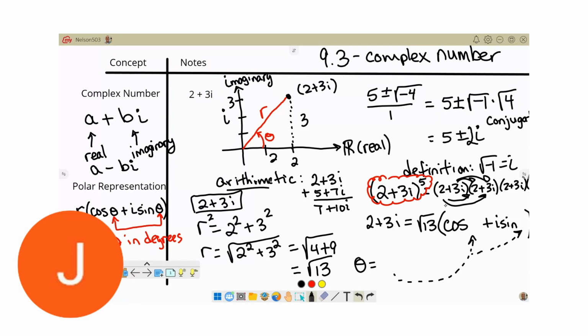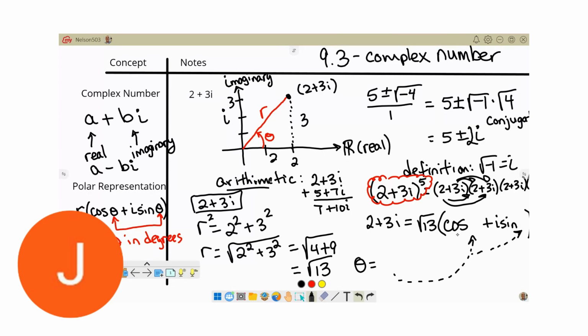If we multiply it by the square root of 13, it's going to come out to 2, if we do this correctly. And the square root of 13 times the sine of whatever angle we get will give you 3. So it's representing the same number, 2 plus 3i, in a different format. I'm not going over how we apply this, but it has to do with the fifth power idea. It's going to be super easy to raise the complex number to the fifth power if we have it in polar notation.